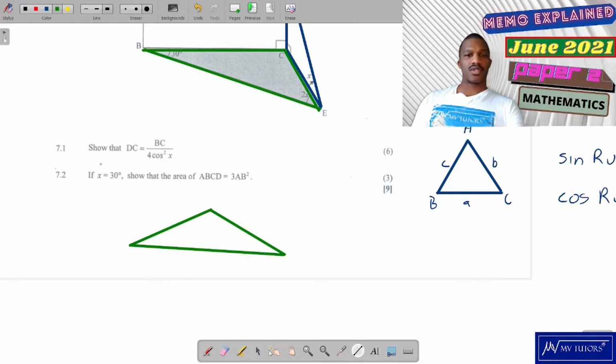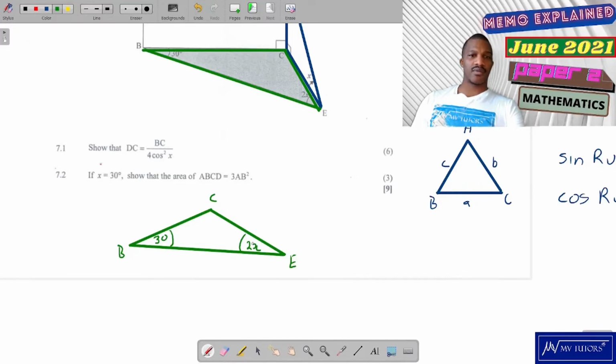It's obviously not a right angled triangle, but that's C, that's B, and that is E over there. And we are told at E we have 2x, and at B we have 30 degrees. And we want CE.